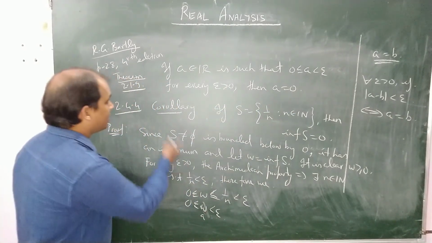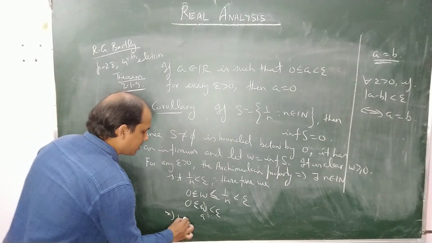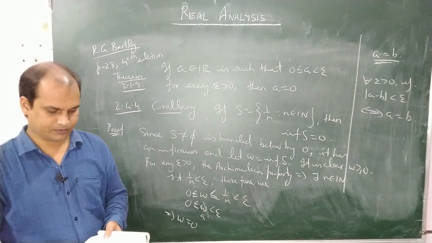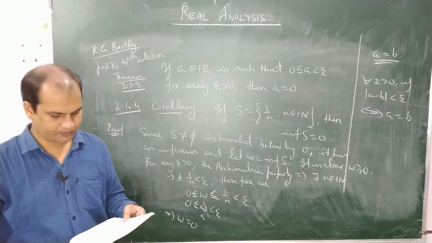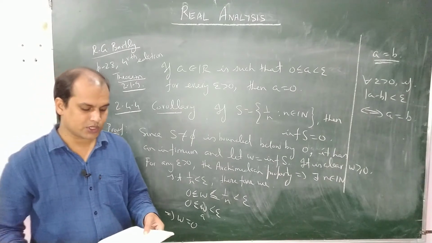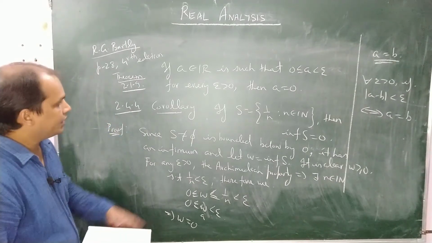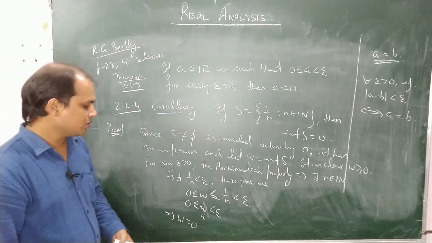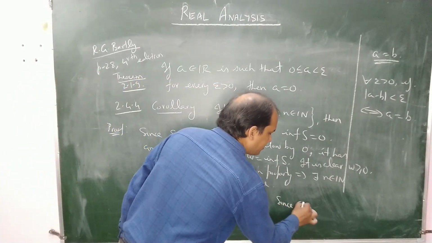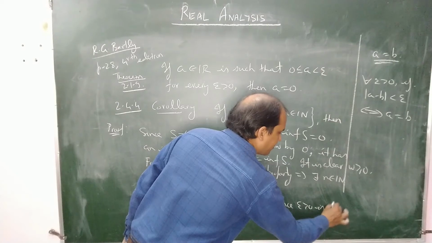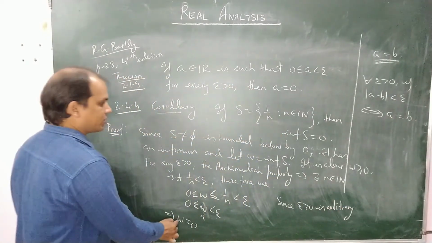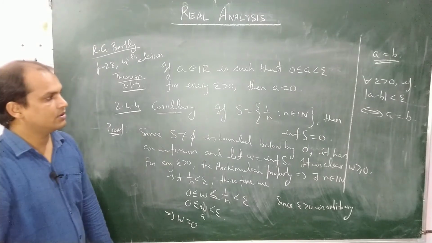This is what is written in your book on this page number. Since epsilon greater than 0 is arbitrary, it follows from this that W is equal to 0.